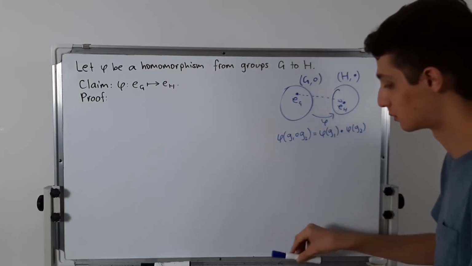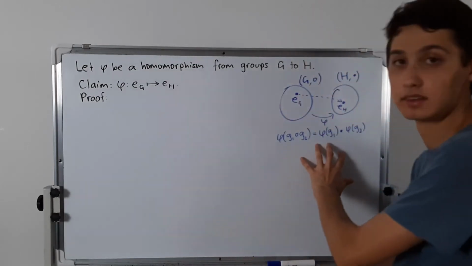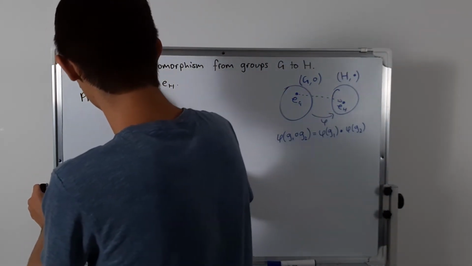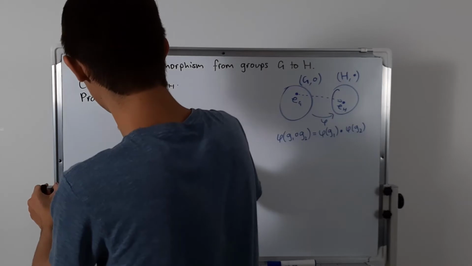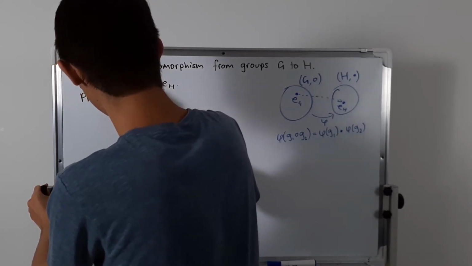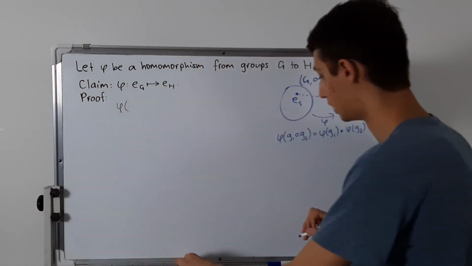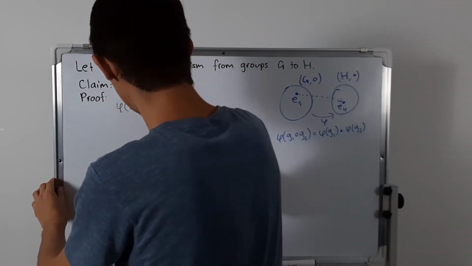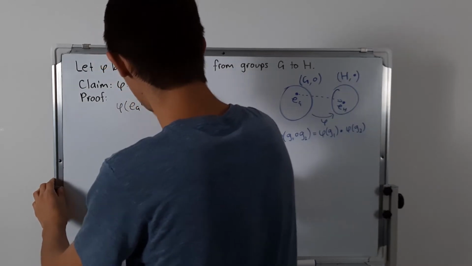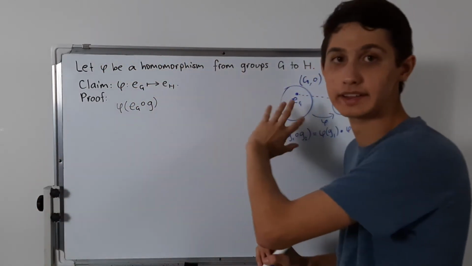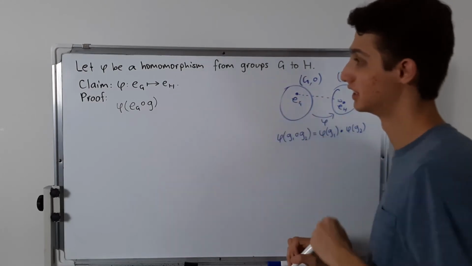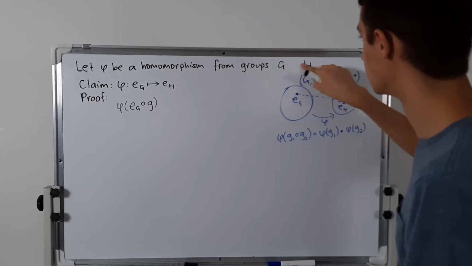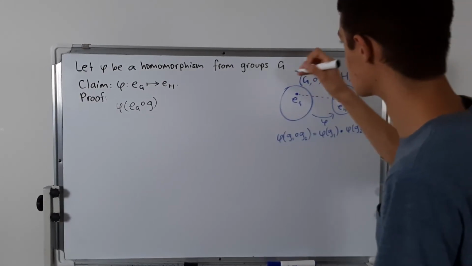This is really not a hard proof at all because we can utilize this little fact here. Let me do it down here. So we have phi of the identity composed with some element, so I'm going to say E sub G composed with some element G, and I'll explain that this is an element of big G. Actually, let me specify the actual group operation.